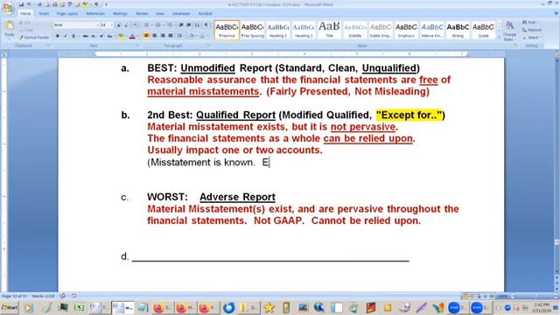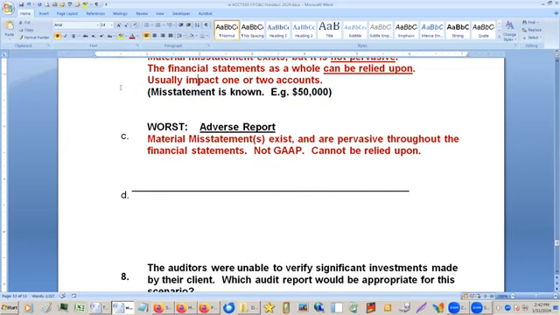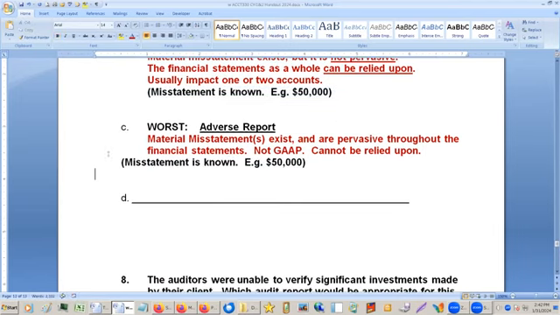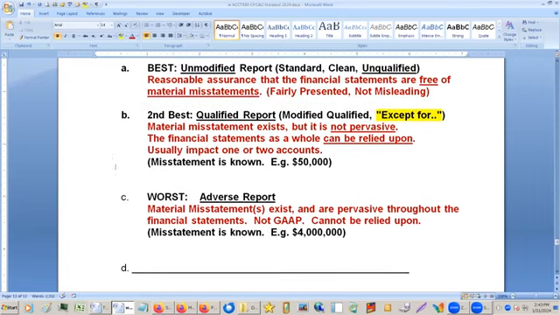What I mean by that is we'll say, okay, these are misstated by whatever. So we give a dollar amount, and we'll put it right in the report. Same thing for the adverse opinion. So for B and C, we know how much it's misstated by.